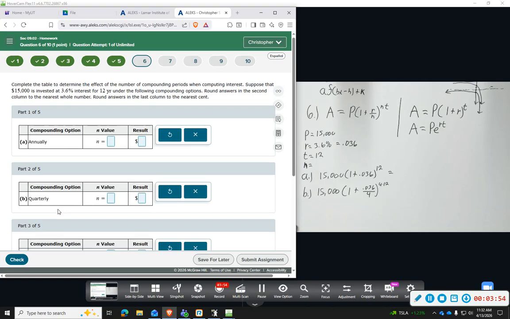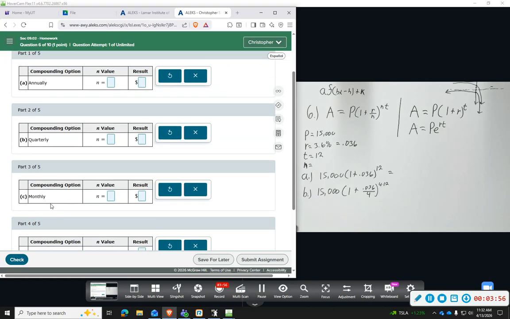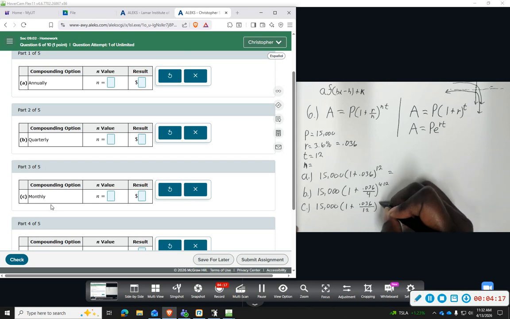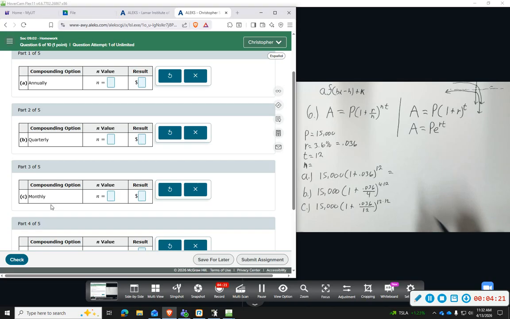And then C says monthly, so it's 12 months in a year, so same formula, except we're going to put 12 in the place of the 4. Months, so for N times 12 years, and then these will all give us an answer.